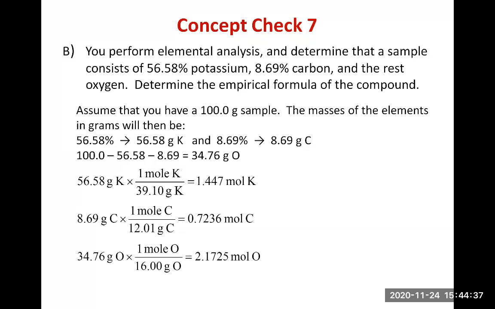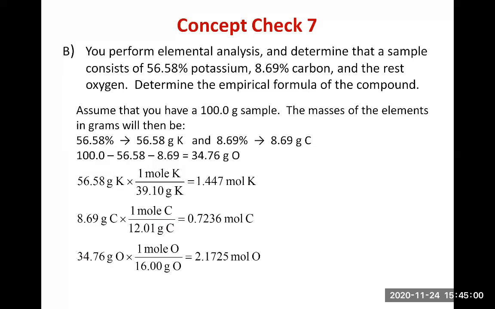Do the same for oxygen with 34.76 grams of oxygen multiplied by 1 mole of oxygen divided by 16.00 grams of oxygen. That's the molar mass of oxygen. The grams of oxygen cancel, and the number of moles is equal to 2.1725 moles of oxygen.